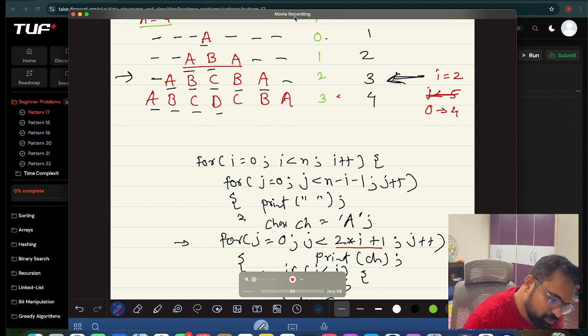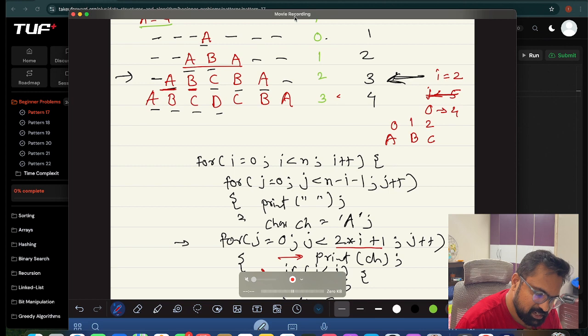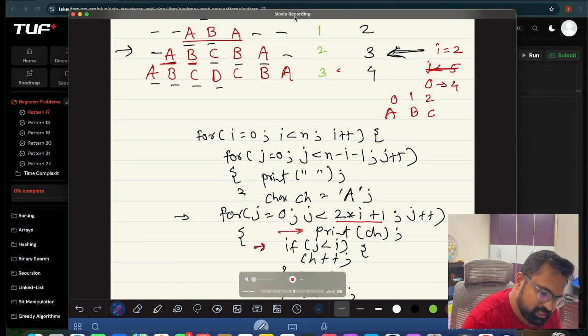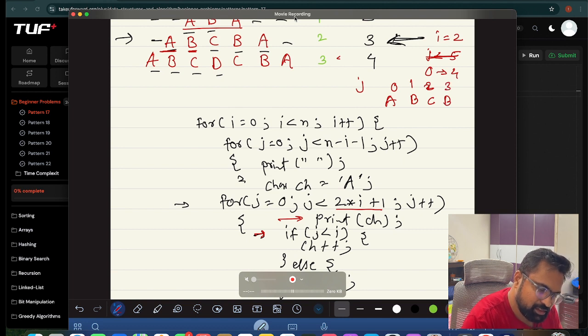So for j equal to 0 it will print A, for 1 it will print B, and for j equal to 2 it will print C. Then it will come here: j is greater than i, yes, so it will decrement and print B for j 3. For the fourth, again j is greater than i, so it will decrement to A. Then j will become 5, the condition will be false and it will not execute, because we just want to run from 0 to 4 only.